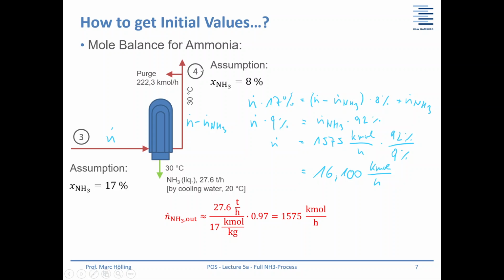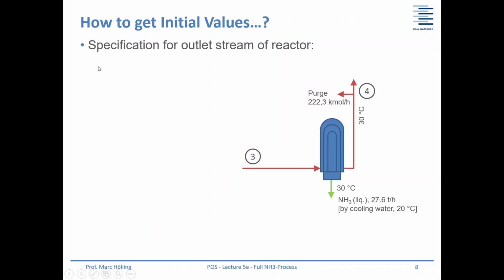Okay, so now we know the purge composition, we know the mole flow here, and we also have an assumption for the ammonia fraction, and this we can combine. For our simulation we need initial values for the outlet stream of the reactor, so this is mole flow 3. What do we know? The mole flow should be in the range of 16,100 kilomoles per hour.